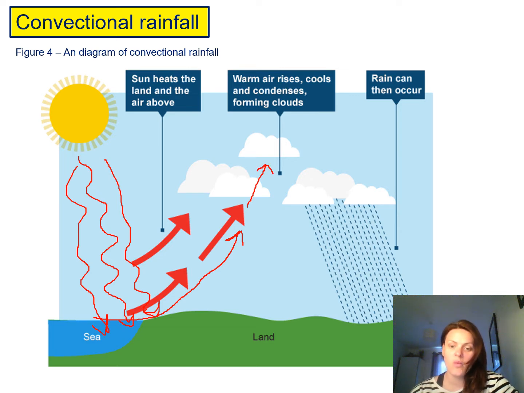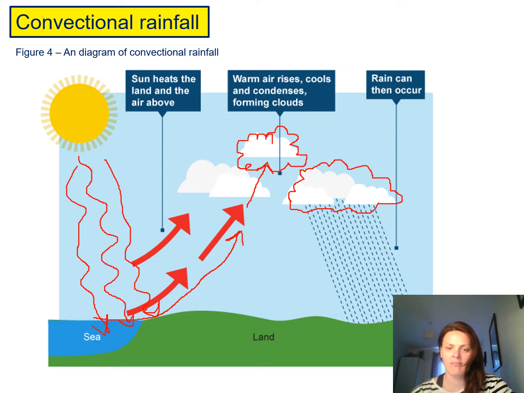And then the water vapour that it is carrying, that's been evaporated, will slowly condense and form clouds. As that cloud condenses further and gets heavier with all the water that it is carrying, it will end up raining. There we go.